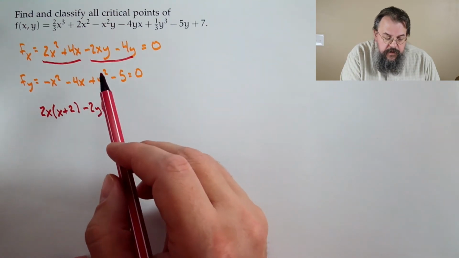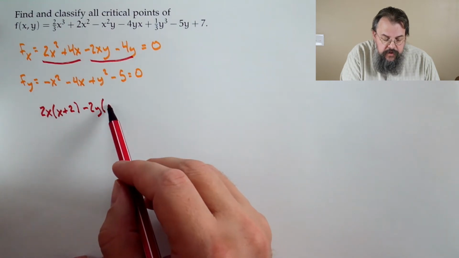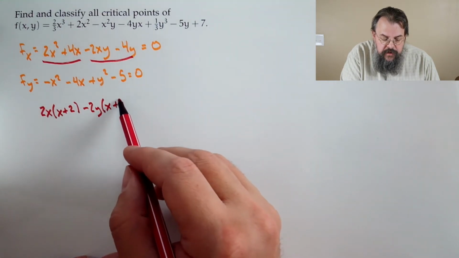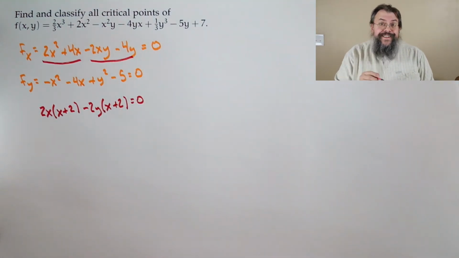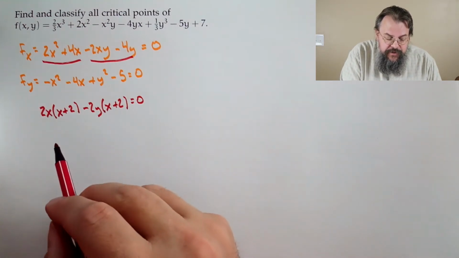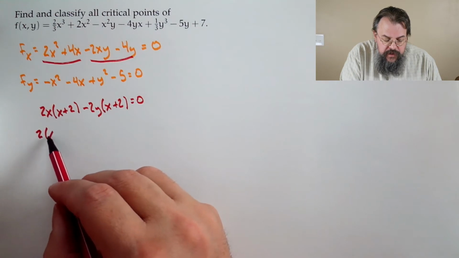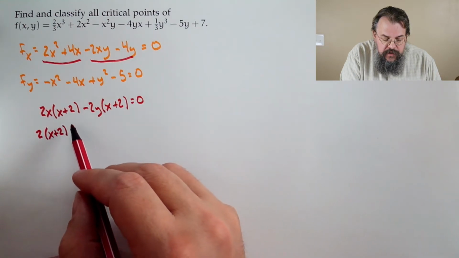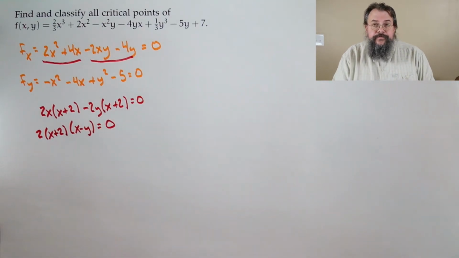And then we'd have an x and a plus 2. And then we're like, whoa, this is nice, because they both have x plus 2's in them. In fact, they both also have 2's. So this becomes 2 times (x plus 2) times (x minus y) equals 0.